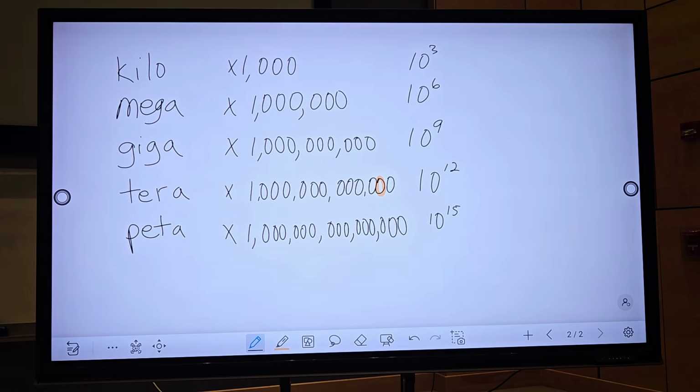There are larger ones like exa, which is a quintillion. That's used sometimes in astronomical measurements, exameters, as opposed to light years.